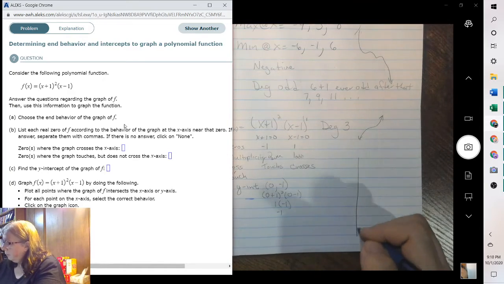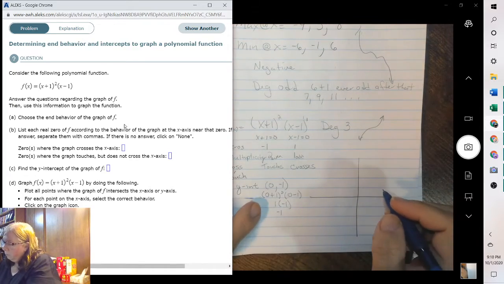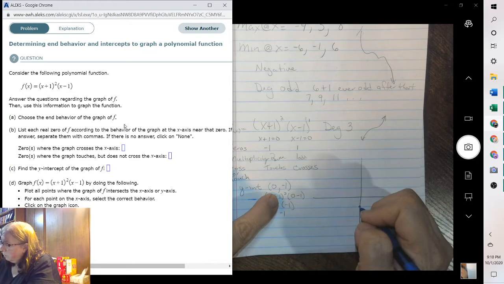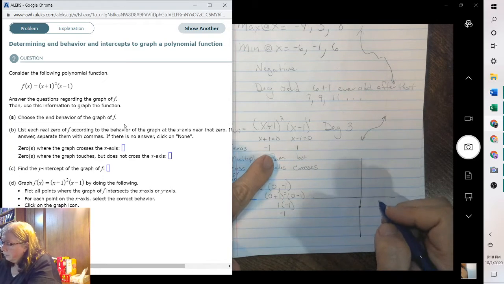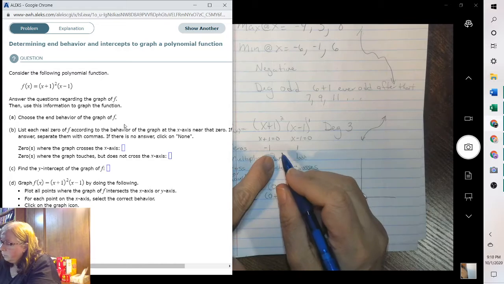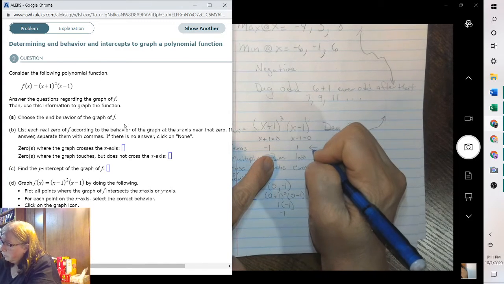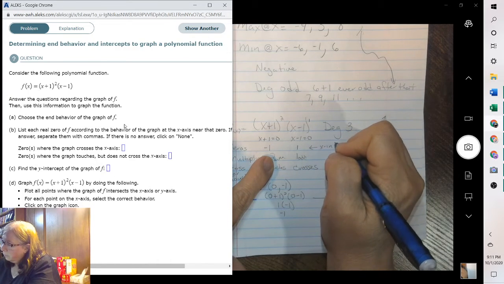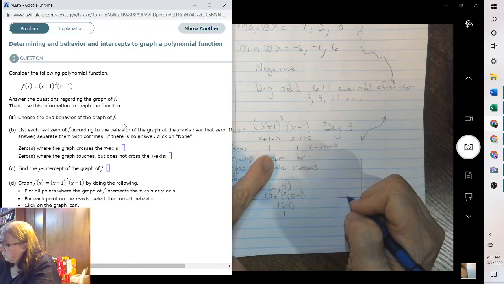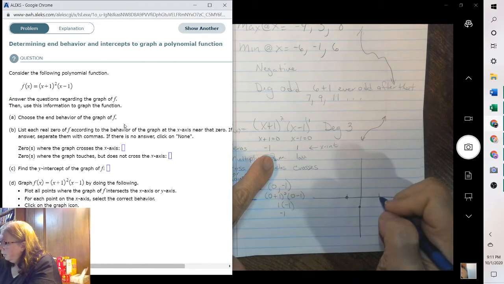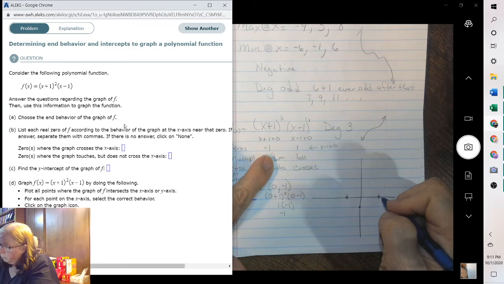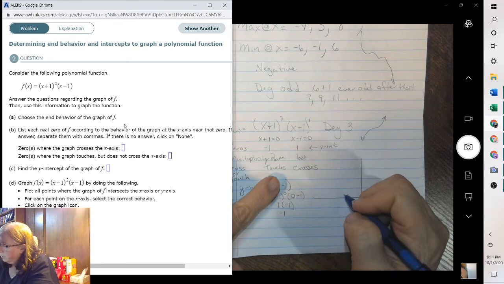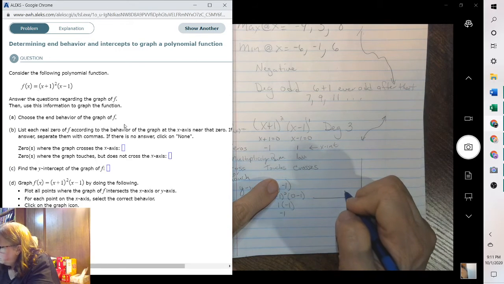So to graph it, we have our y-intercept at -1. We know it crosses at zeros are x-intercepts. So here at -1 and at 1. But at -1, it's even, so it touches.